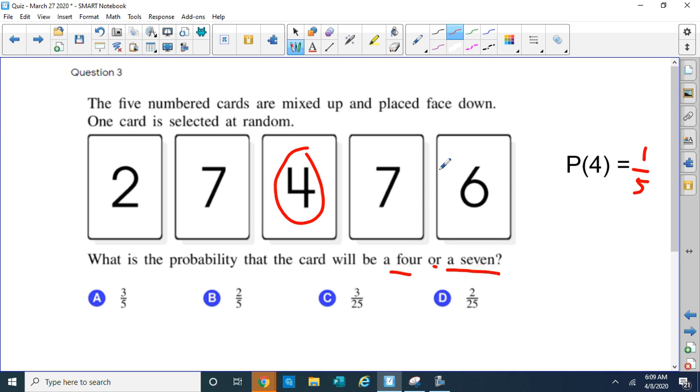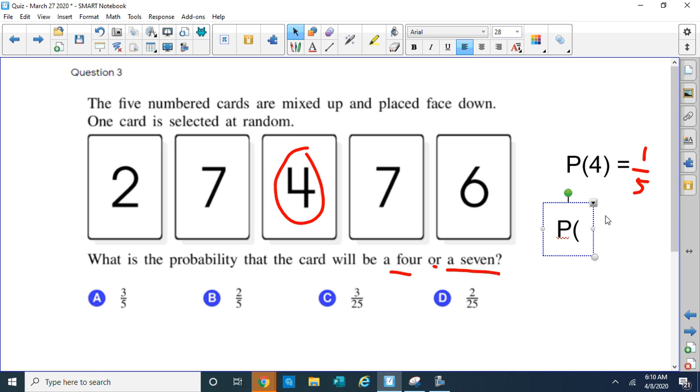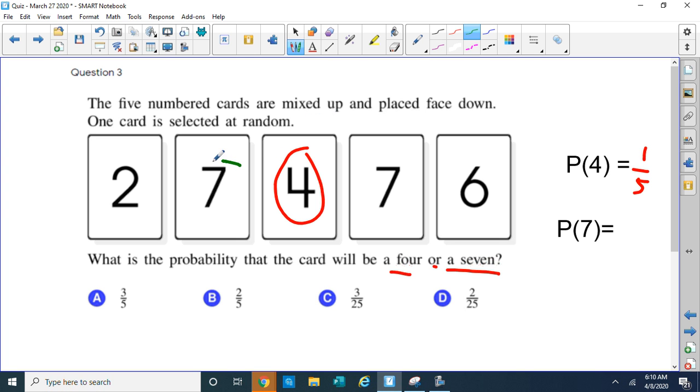Now, I can also win if I get a 7. So let's take a look at that. Let's write that down. Probability of getting a 7. So I win if I get a 7. Now I'm looking at this because it's kind of strange here. I got a 7 here, which I need to win. So I got a 7, but there's also a second 7 over here.